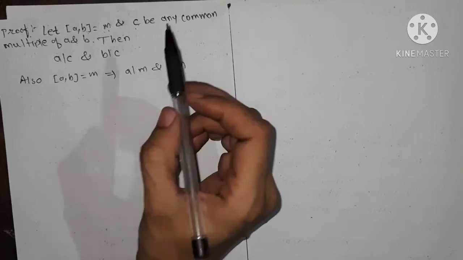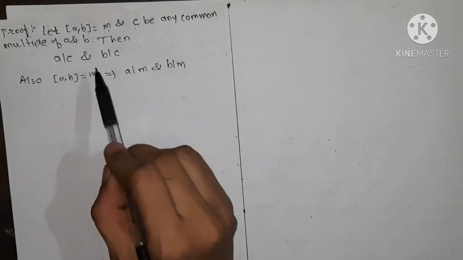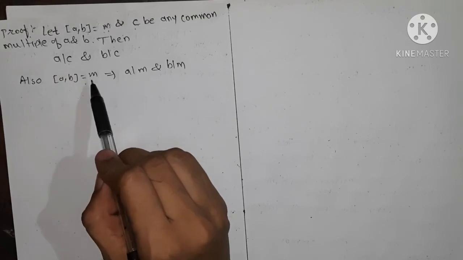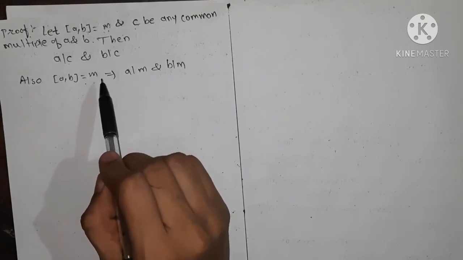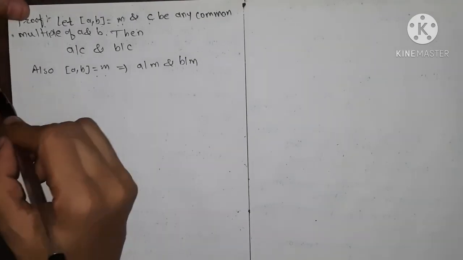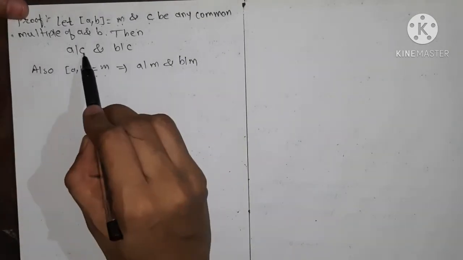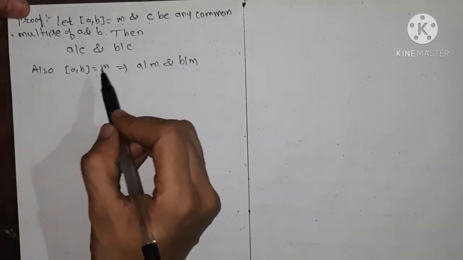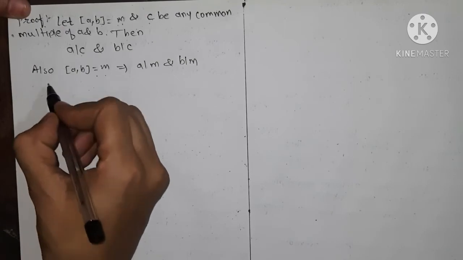Now since we have to show that c is a multiple of m, we apply the division algorithm to c and m.